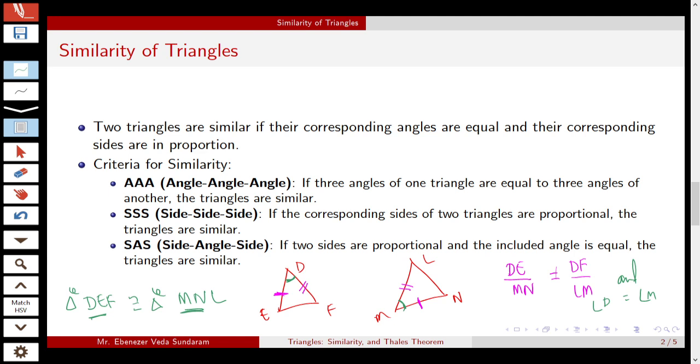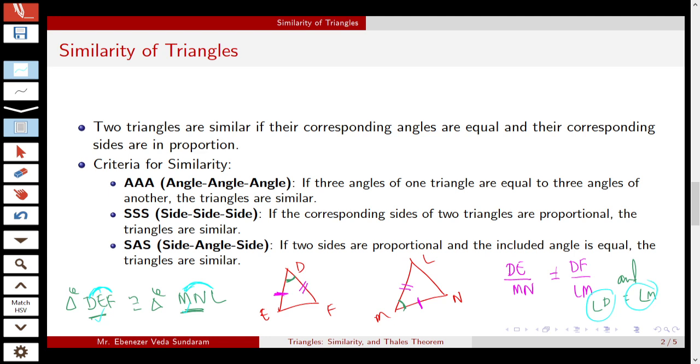So let's try here. I have DF, and let's see whether I have LM here. Yes, I have LM. Now we also have angle D and angle M equal, and both are in the first place.